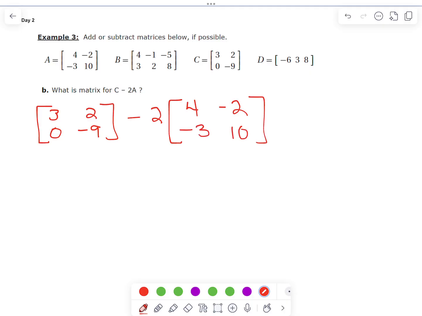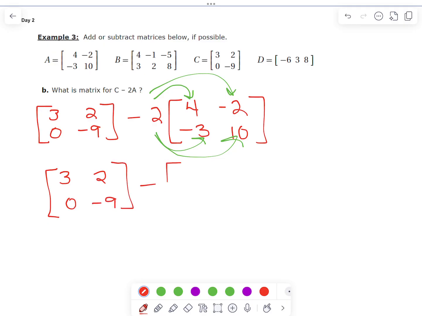Now before we subtract these, we have to do our scalar multiplication first. We have to distribute that scalar into all of those elements. So I'm just going to bring down our matrix C. We're doing our scalar multiplication first.